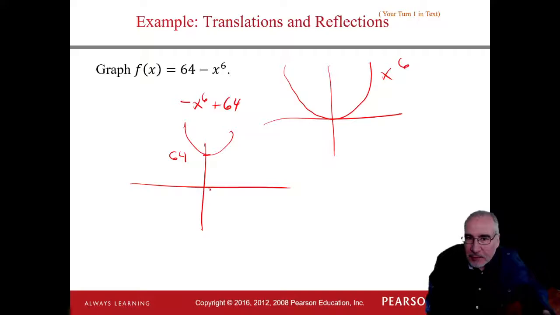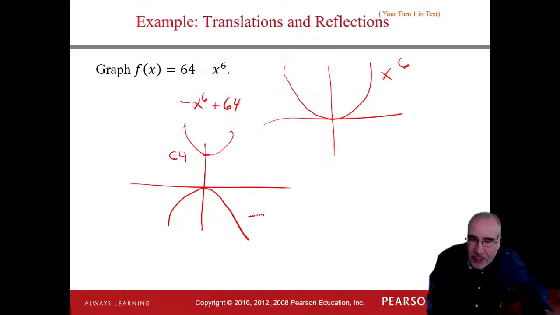Or does it flip it first? Probably flips it first and then moves it up is best, because by order of operations we would do the negative part first. Because if you flipped it now, you'd be way down here. So what I should have done first is flip it down like this, right?